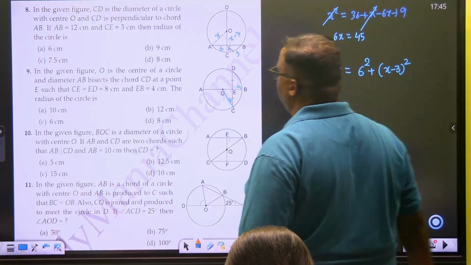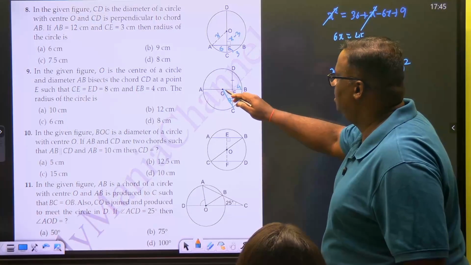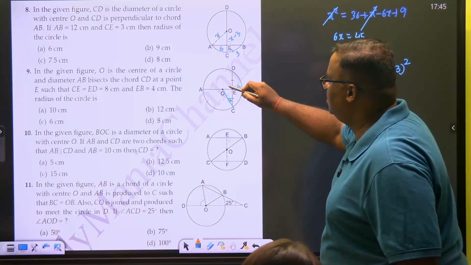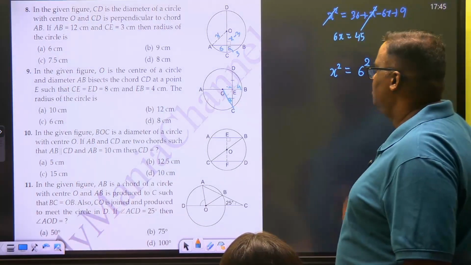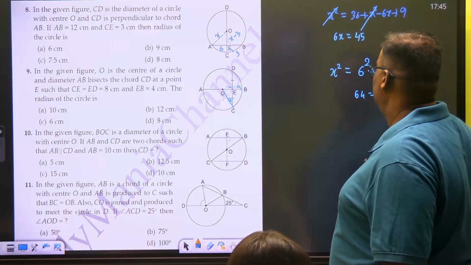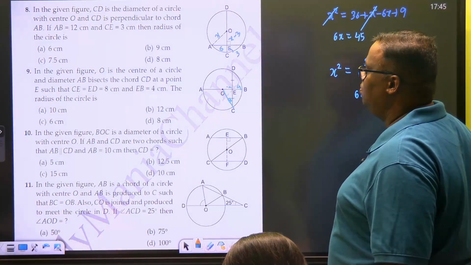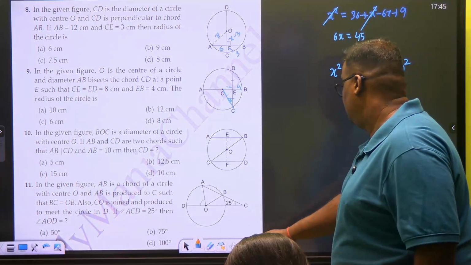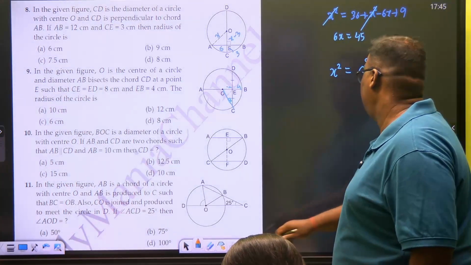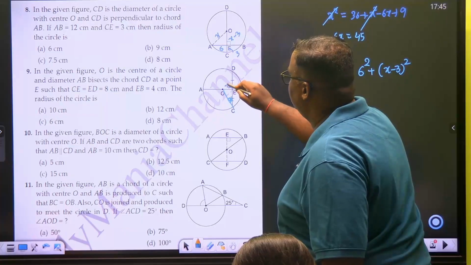So it's the same thing. The same part. So this part is more easy. This is also 8, na. This is 4. So 64 is equal to 16 plus C. They have asked you to find out the radius. So this is x and this is x minus 4.